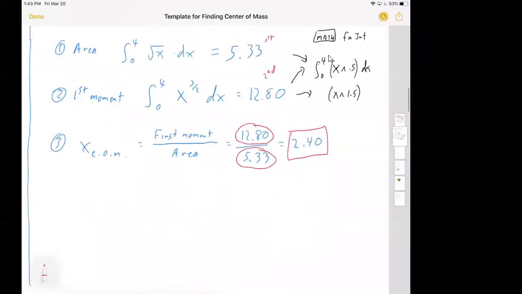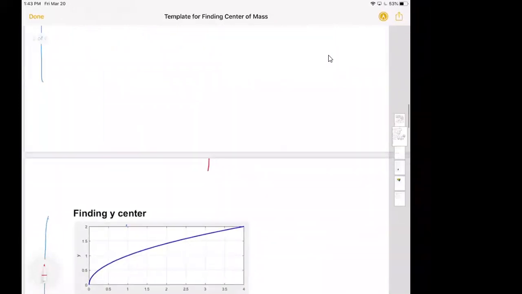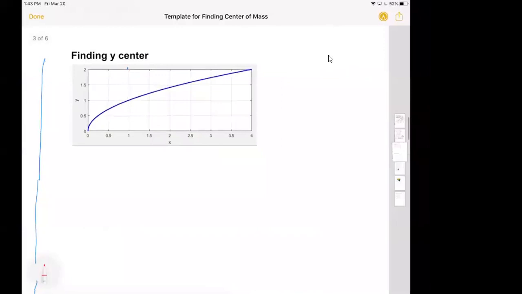Now, if we continue onward, we would like to find the y center. So let's go ahead and find where the y center of mass would be for this object. So let's do the same thing that we did before. We're going to need to find the first moment.